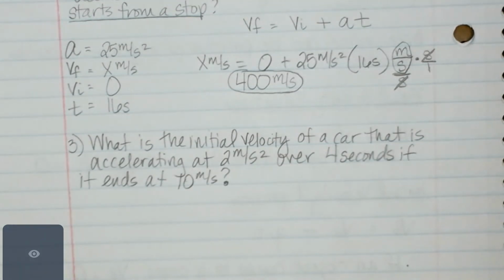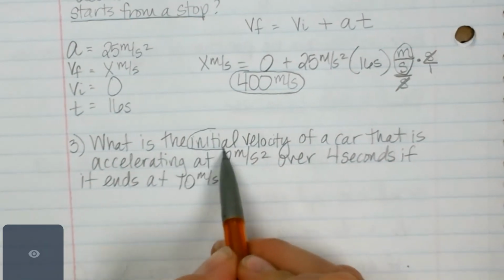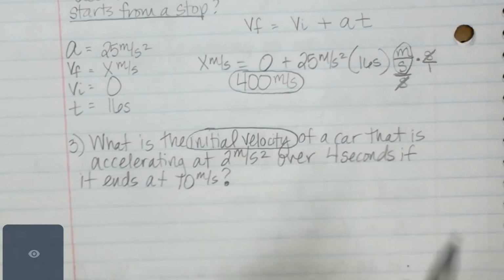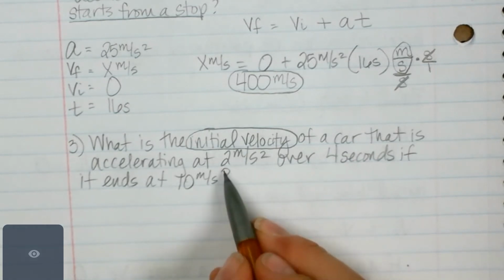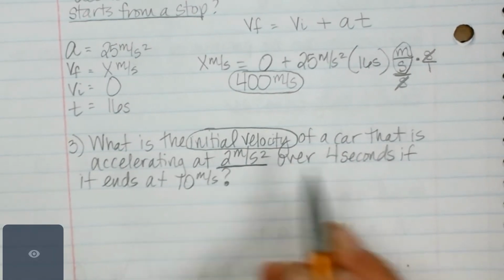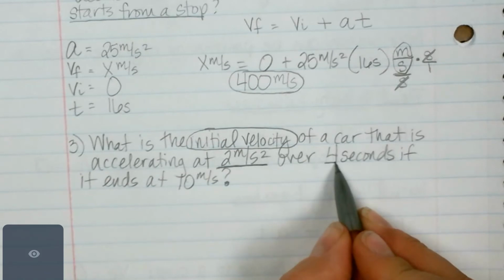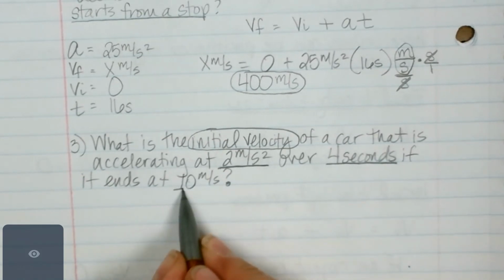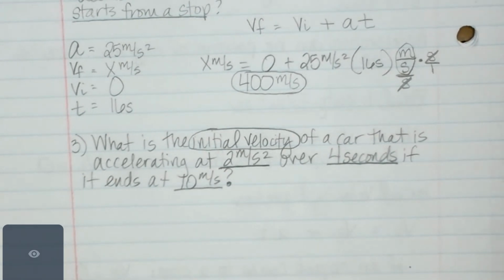So now I'm looking for initial velocity, the starting velocity of the car. They're giving me the acceleration of 2 meters per second squared, the time of 4 seconds, and a final velocity of 10 meters per second.